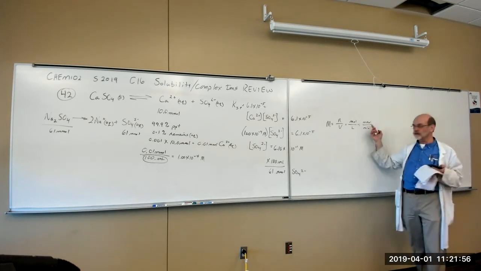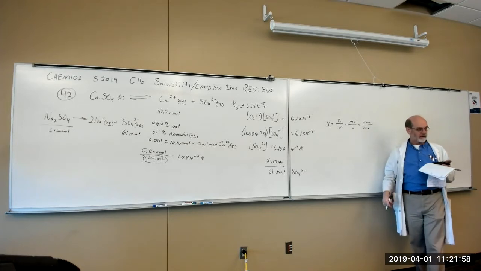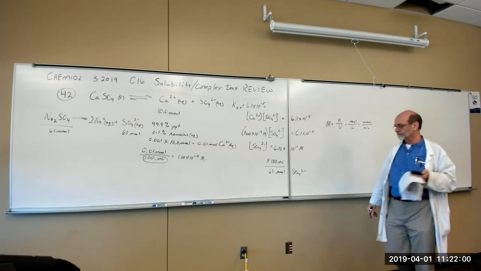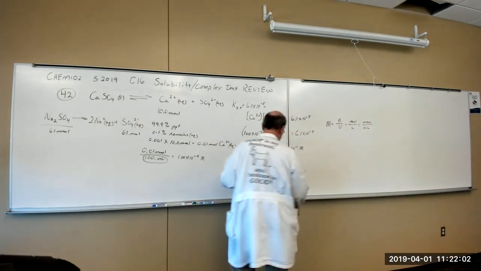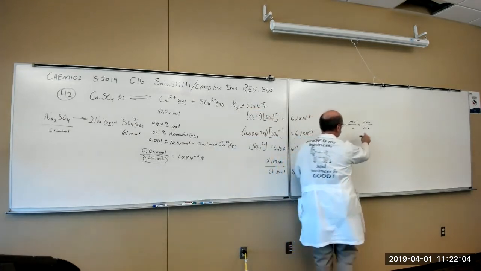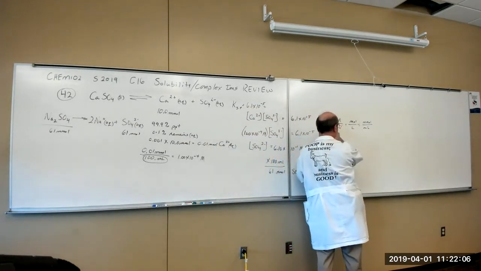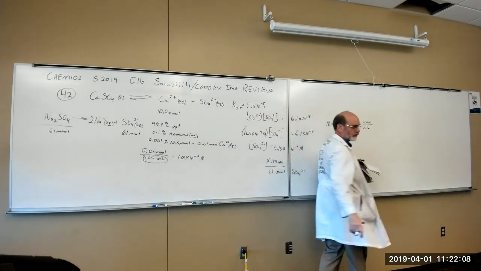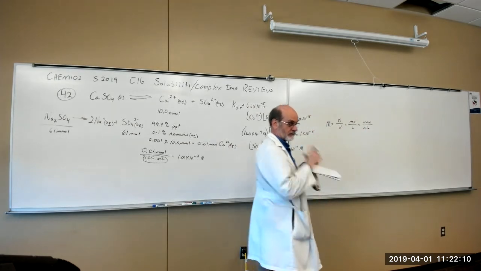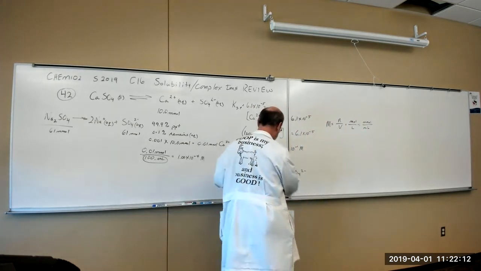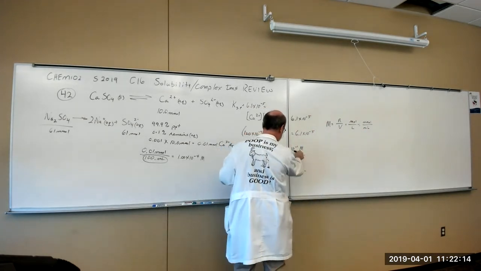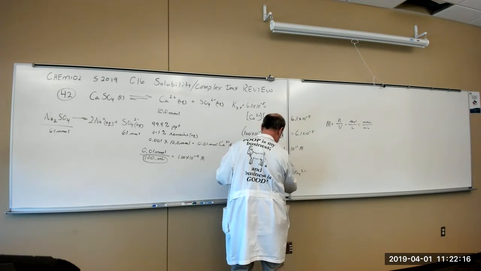Okay, so millimoles per milliliter is molarity. And that's why you can say milliliters times molarity equals millimoles. And that's what we did here. Molarity times milliliters is millimoles.